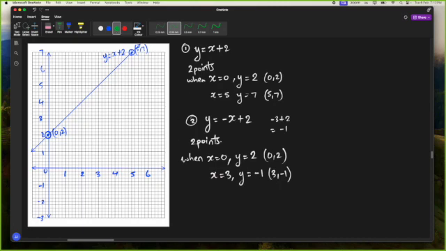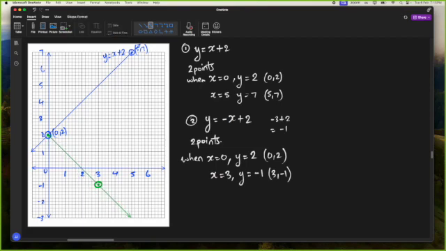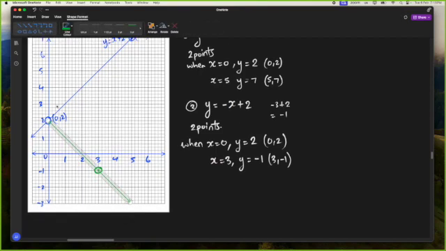So 0, 2 is already here. And then the next point is 3, minus 1, which is here. So now I will draw this line. This line will go that way. And you have to draw it straight across your graph.